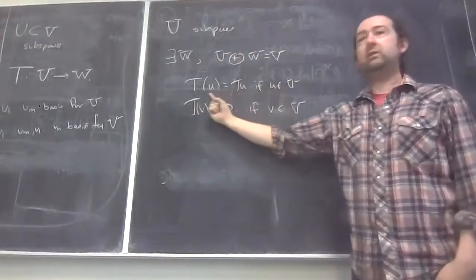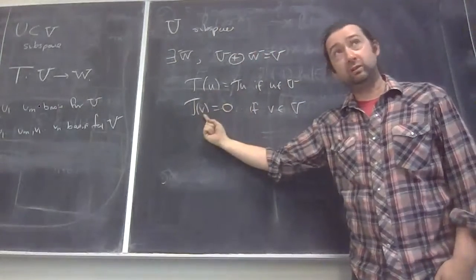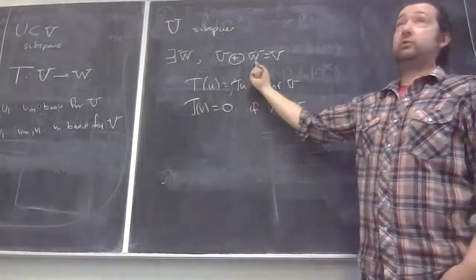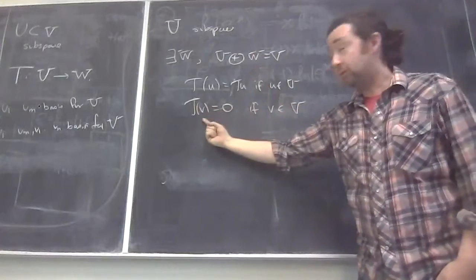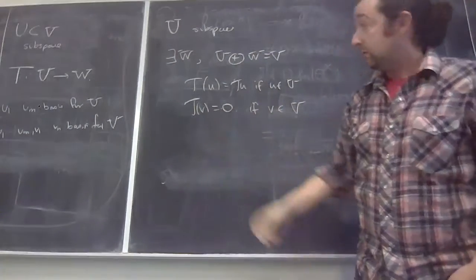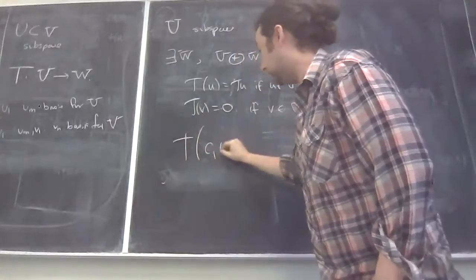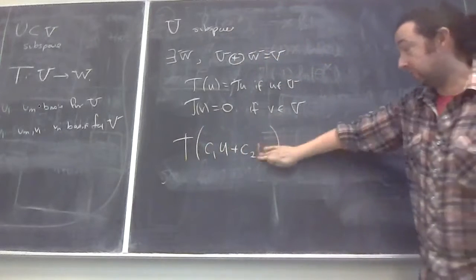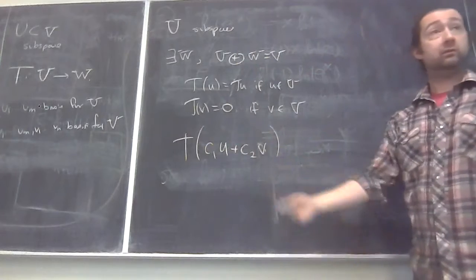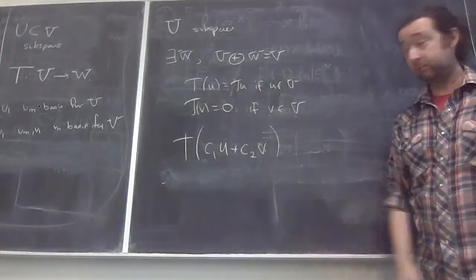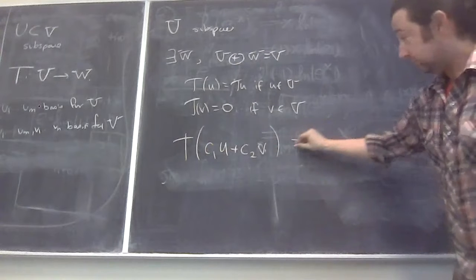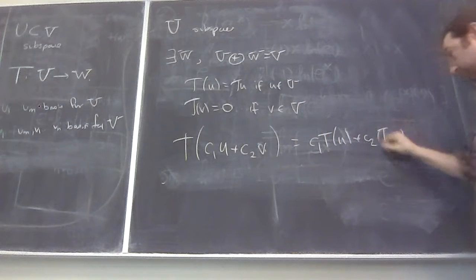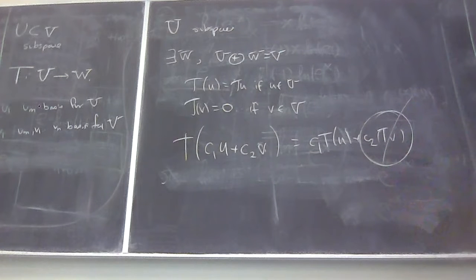So if you were in U, T knows what to do with U. If you were not in U, let's just suppose that you're in W, make T turn those into nothing. Then what does T do to anything that looks like this? T's a linear map, right? What should it do to this? C1 TU plus C2 TB. What is all that equal to? This is a perfectly defined map.